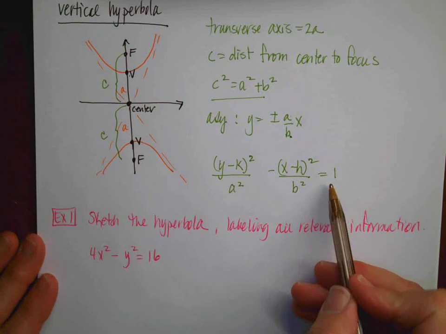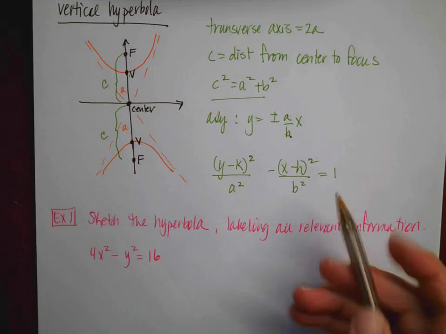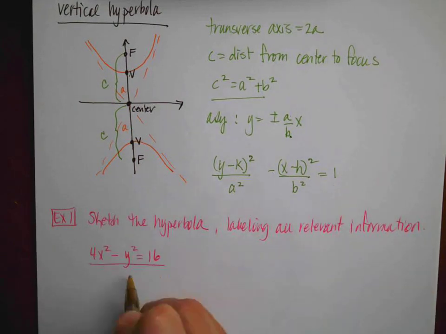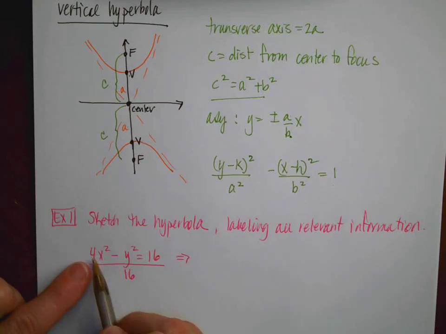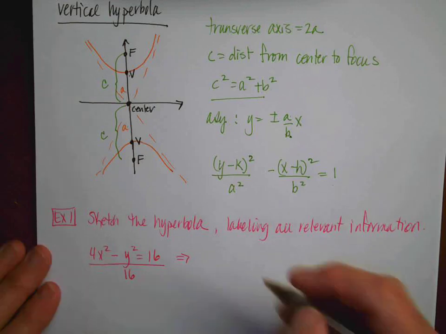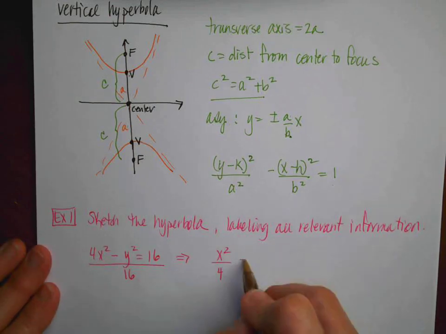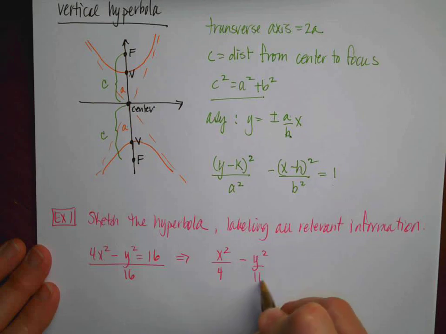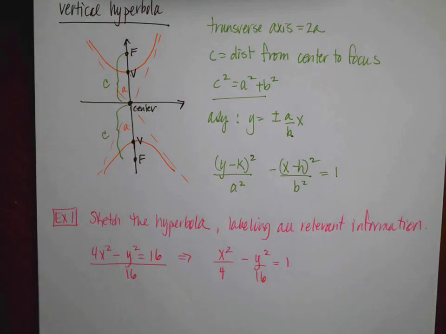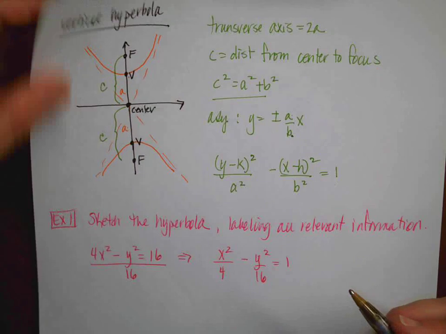But if you'll notice in the original formula, I have a 1 on the right-hand side, so I'm going to divide both sides of the equation by 16. And on these, the division is going to happen upside down. So instead of writing 4 goes into 16 and writing a number, I'm going to do x squared over 4 minus y squared over 16 is equal to 1.